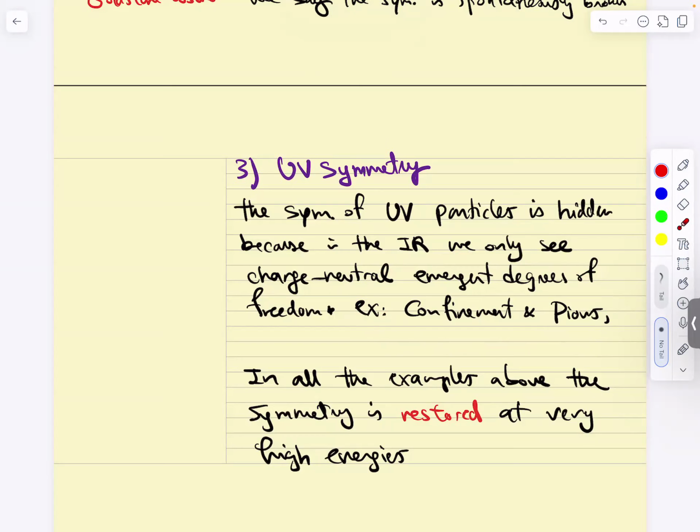Another example, chemistry, right? In chemistry, there's hydrogen atom and a bunch of atoms as fundamental degrees of freedom. Think about a hydrogen atom. If you can't resolve what's inside it, or if you don't have enough energy to kick an electron off of the hydrogen atom, how would you ever know about charge? Because you cannot separate one of them.